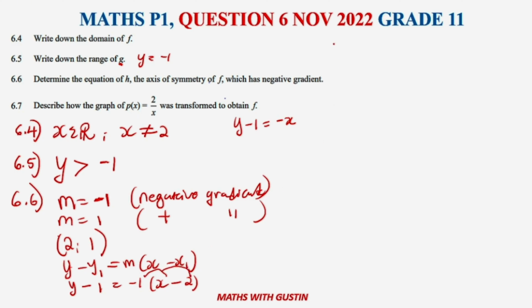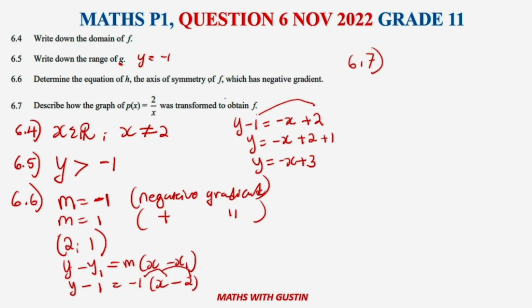Can you see that? -1 times -2 is going to be +2. Then we're going to take 1 to the other side. y is equal to -x plus 2 plus 1. Therefore, our equation is going to be y equals -x plus 3, and that would be the equation of the line of the axis of symmetry, guys.